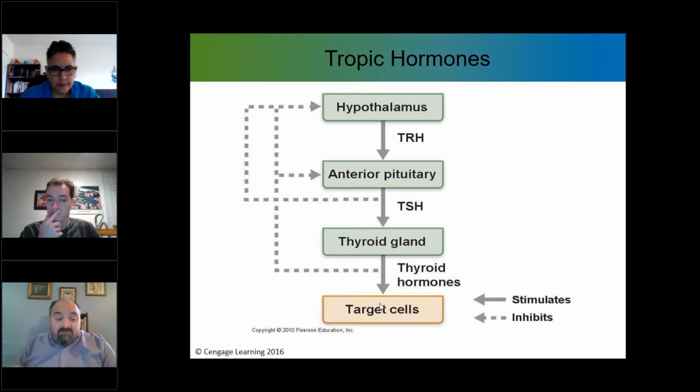We want the proper levels. So if we have enough thyroid stimulating hormone, it's going to send a signal back to the pituitary, or if we have enough thyroid releasing hormone from the hypothalamus, it's going to communicate and say, hey, we have enough TRH, we have enough TSH, which in turn helps limit the amount of thyroid hormone being produced.